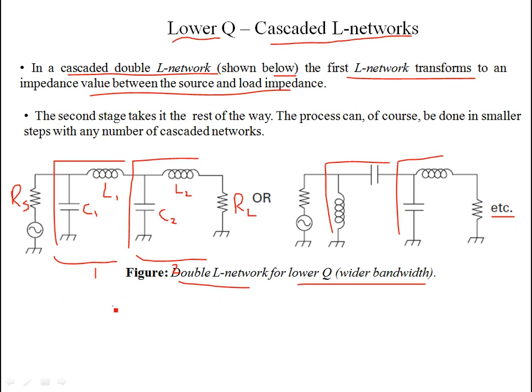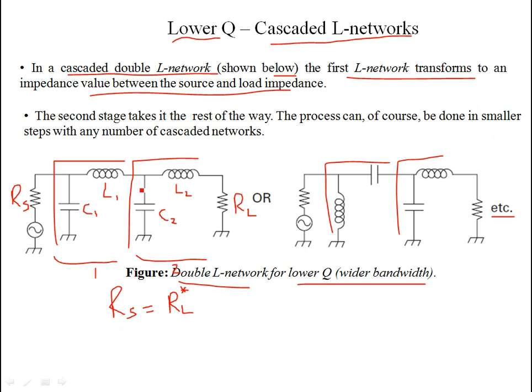For the purpose of matching, we recall that if RS and RL are real, then RS should be equal to RL for maximum power transfer. If they are complex, then it should be a conjugate match. So RS should be the conjugate of RL to obtain the maximum power transfer.